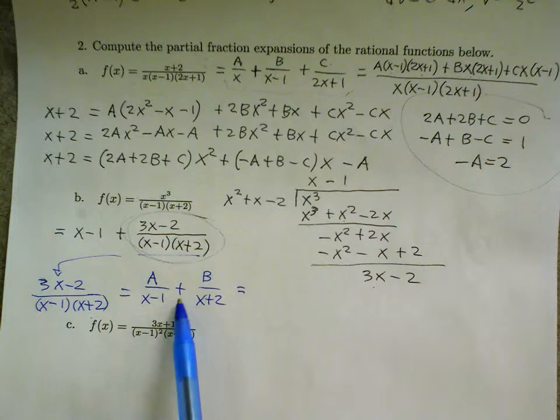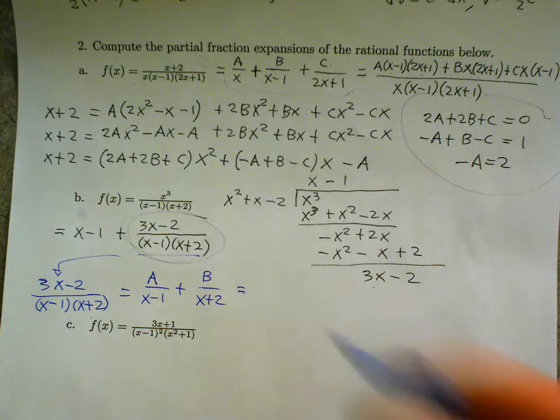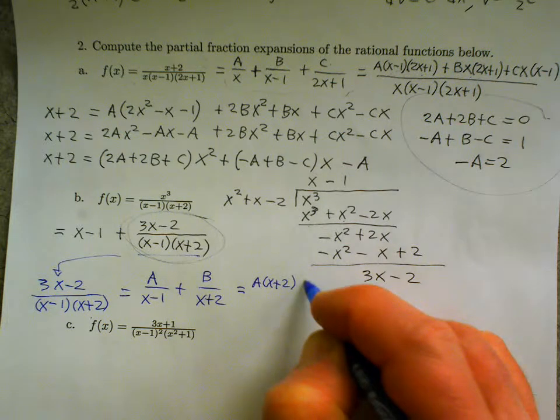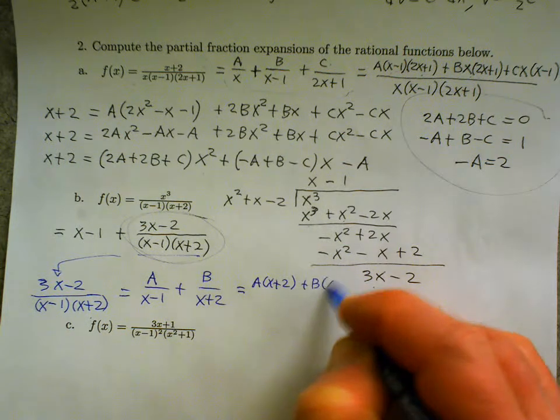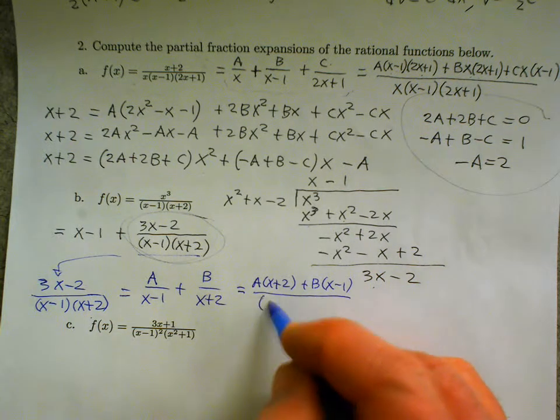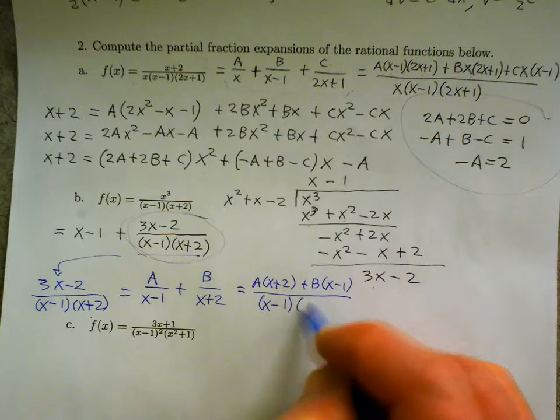And then adding these two terms with a common denominator, we're going to get a times x plus 2 plus b times x minus 1 over the common denominator x minus 1 times x plus 2.